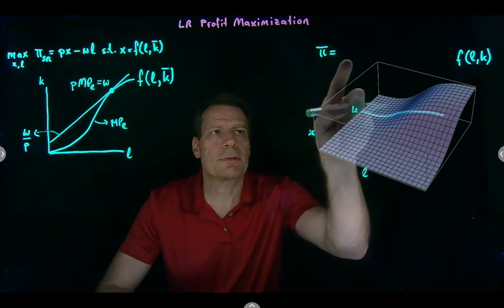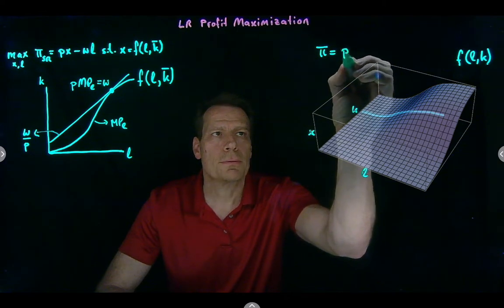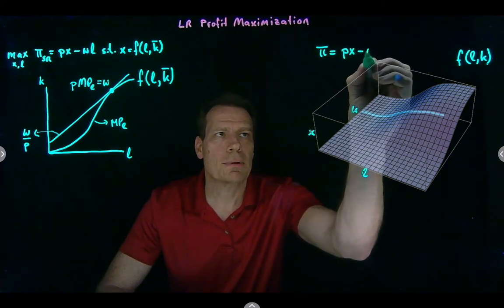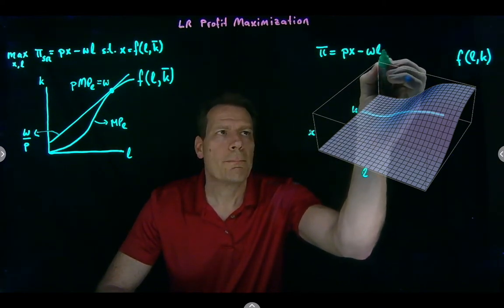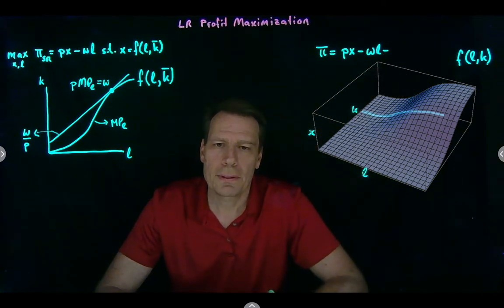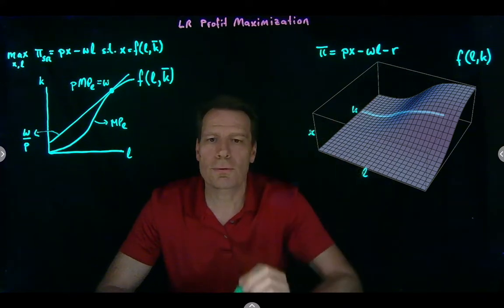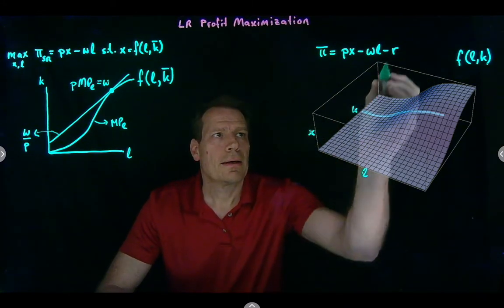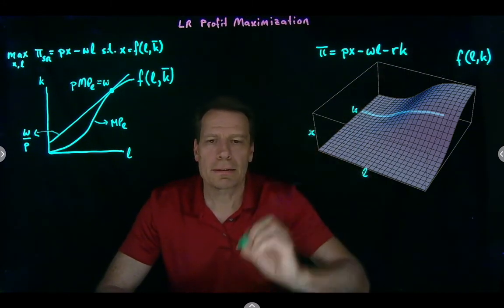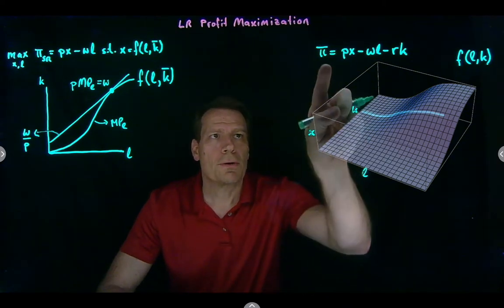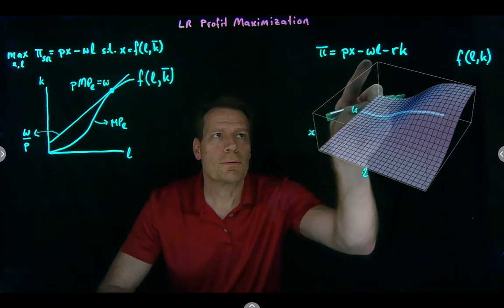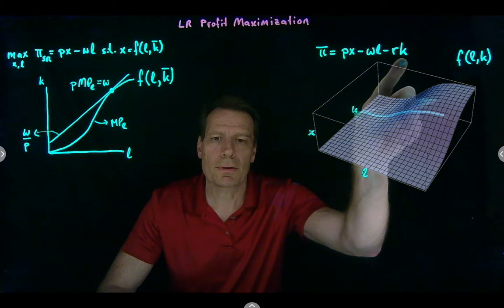So profit's going to be equal to revenue minus the labor costs minus the cost of capital, where the price of capital is denoted by R, we call it the rental rate of capital, and capital by little k. So now profit is revenue minus labor costs minus capital costs.